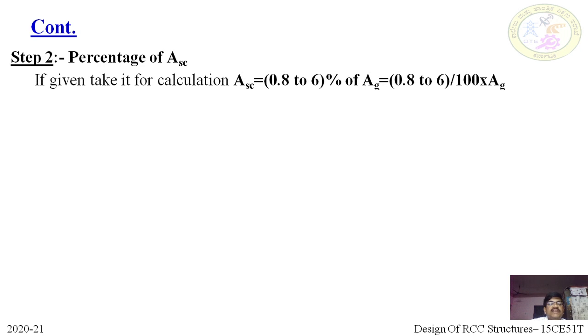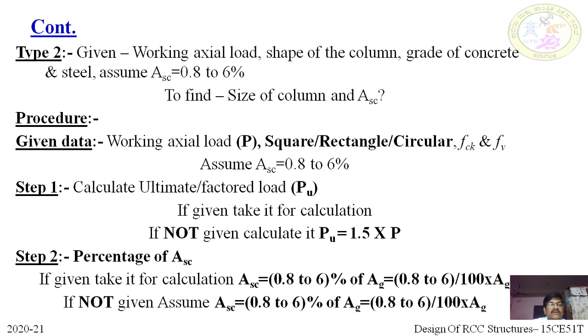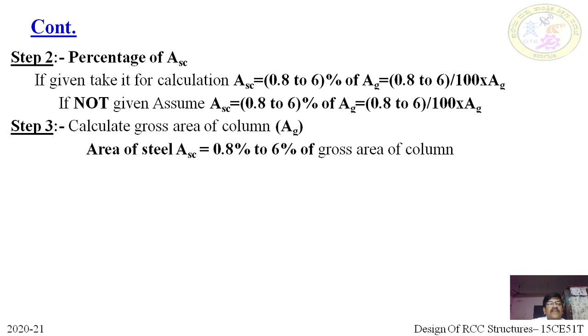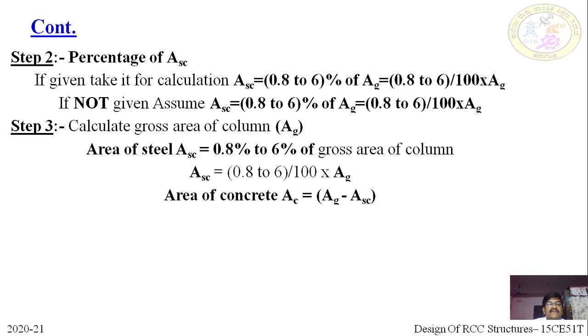Then percentage of steel. Calculate gross area of column, that is Ag. Area of steel, that is Asc equal to 0.8 to 6 percent of gross area.